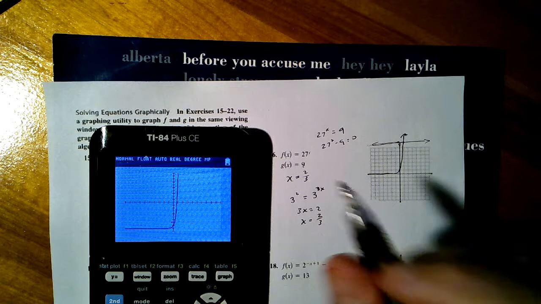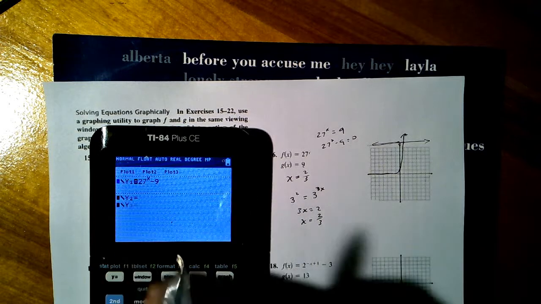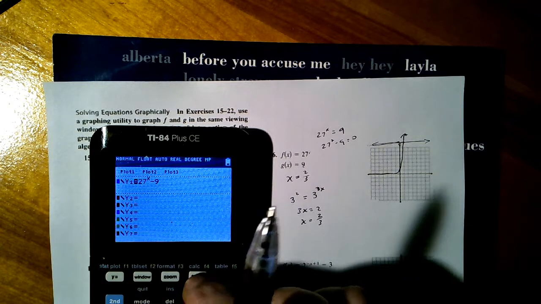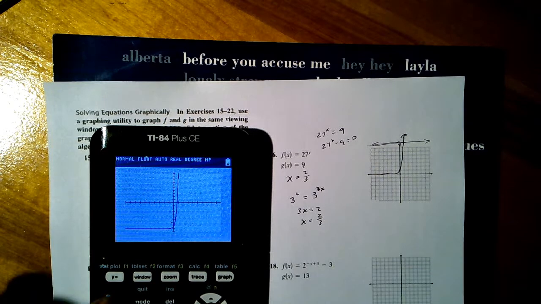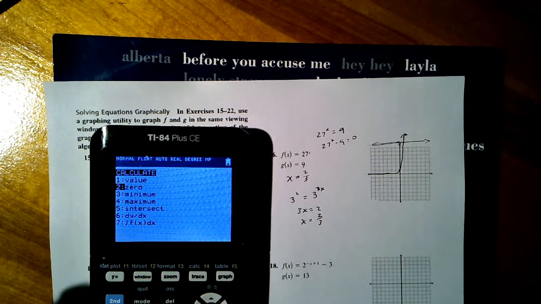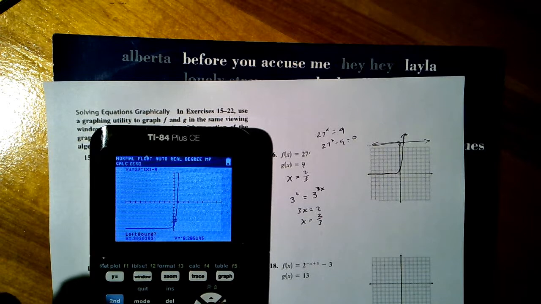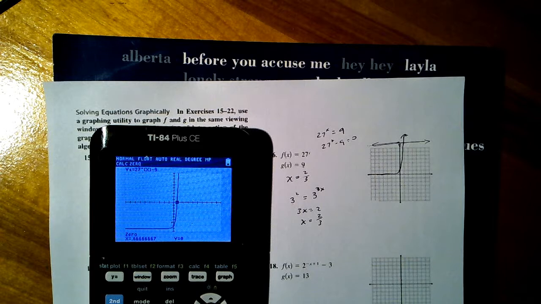I want to know when this function crosses 0. So I go second calc zero, stay to the left, enter, get to the right, enter, and sure enough, same solution. And then I don't have to look up, down. I'm only looking for where the graph crosses 0.